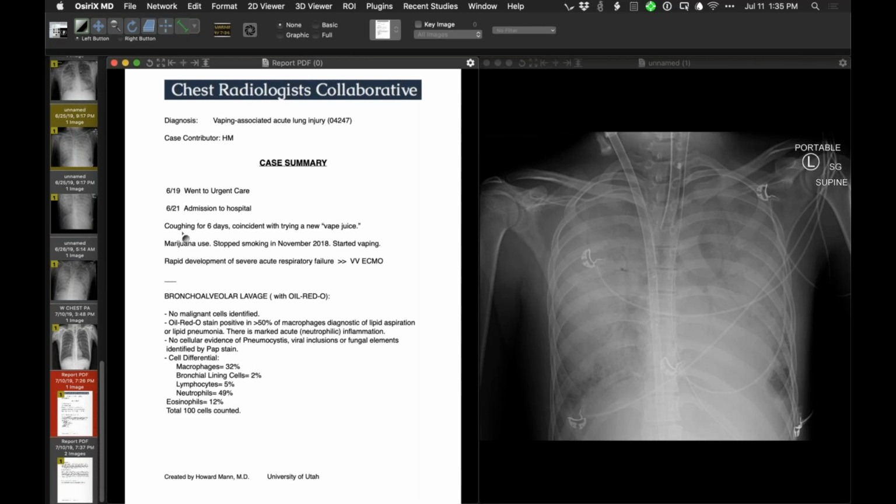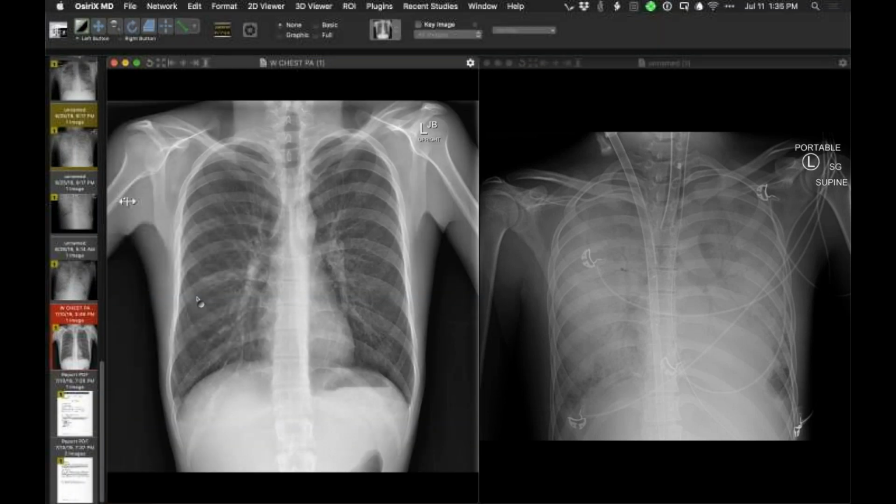And then look at this history here. He was coughing for 6 days, coincident with trying a new vape juice. And that's what happened to him. So he has severe vaping-associated lung injury requiring that. And amazingly, this is what he looks like on July the 10th. Wow.